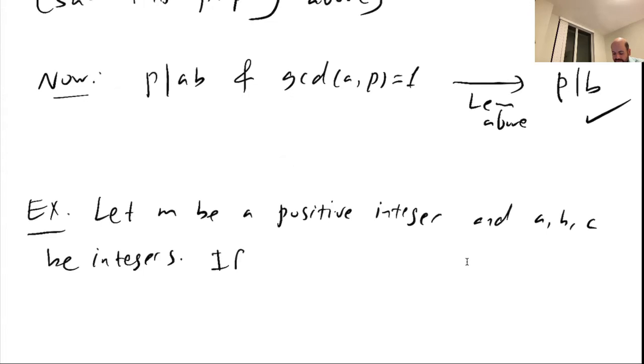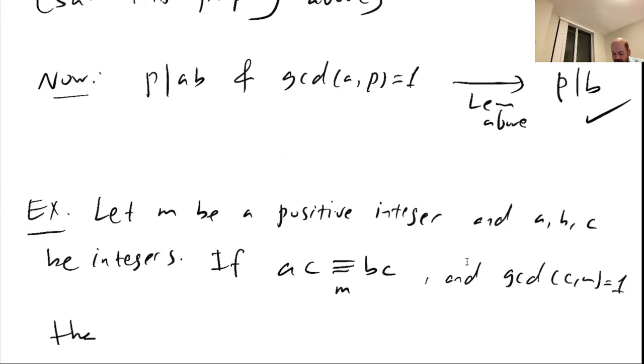If AC is congruent to BC mod M and GCD of C and M is 1, then A is congruent to B mod M.